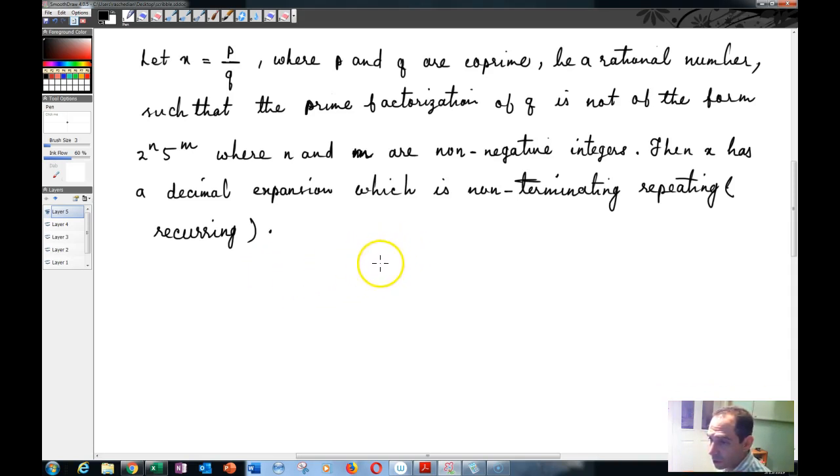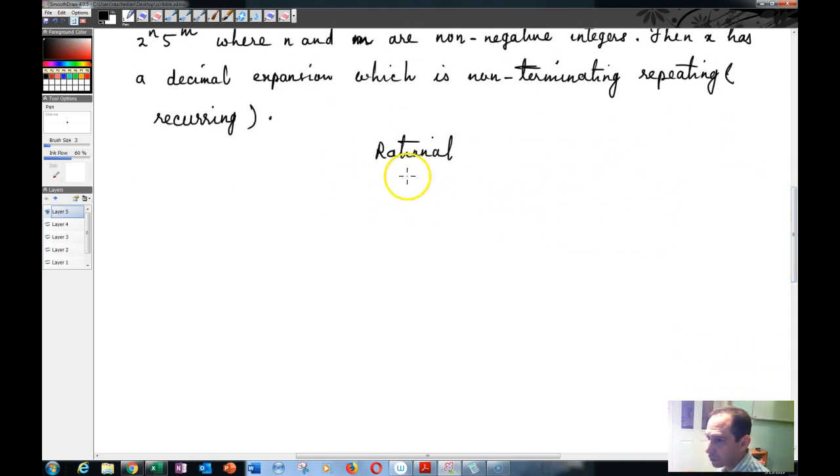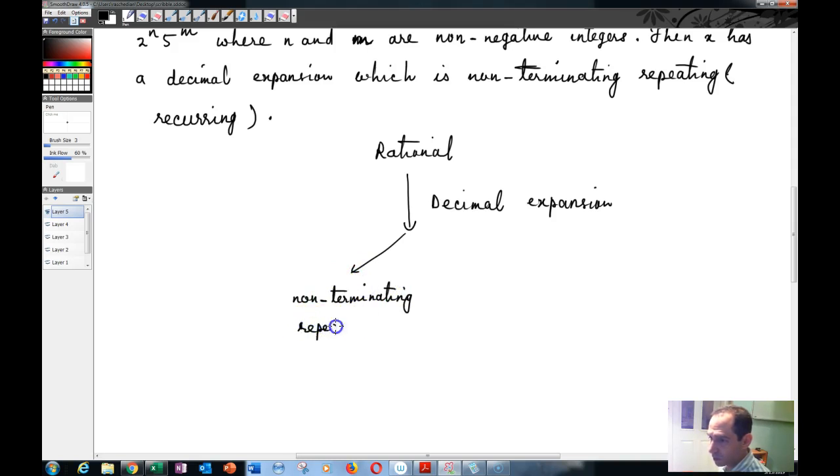For any rational number, the decimal expansion could either be non-terminating repeating, which is also called recurring, or it is terminating.